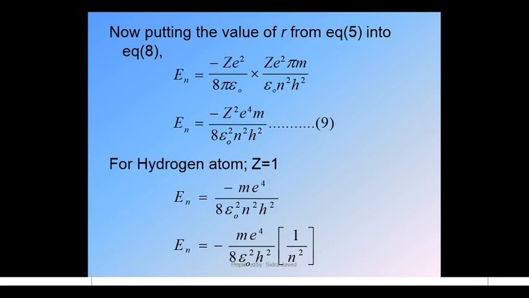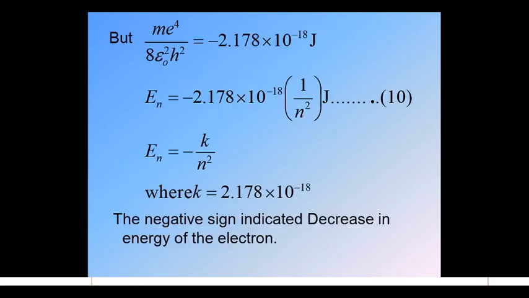And we know that we have calculated this for a nucleus having a charge Ze. So for hydrogen atom you can substitute Z as 1 and find the expression for energy as minus me raised to 4 by 8 epsilon 0 square h square n square. Again, me raised to 4 by 8 epsilon 0 square h square is a constant.